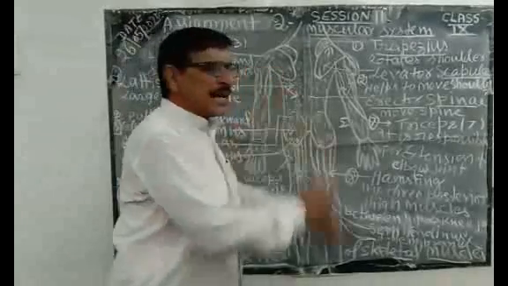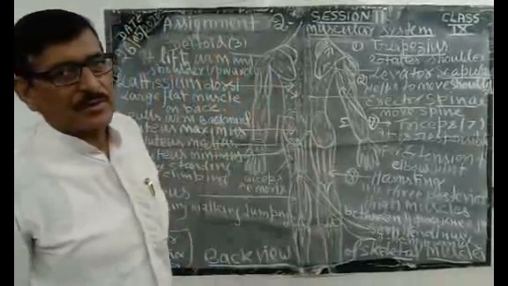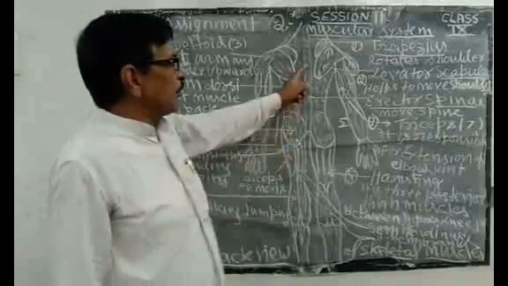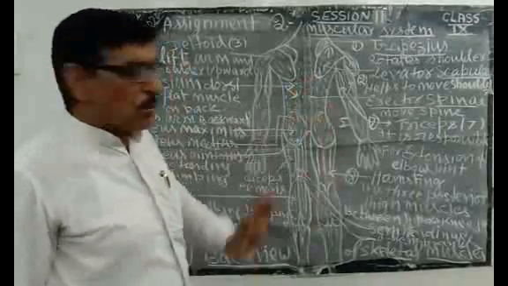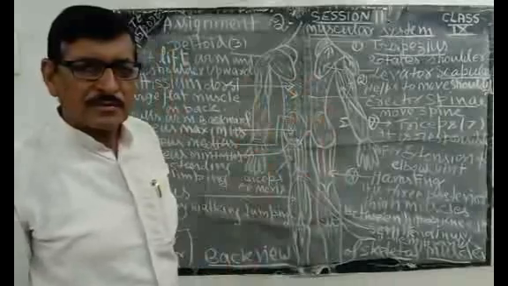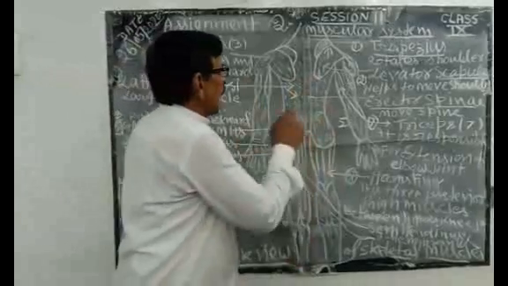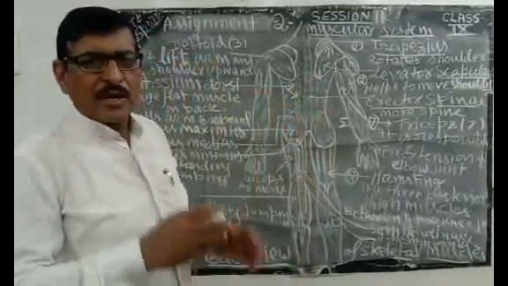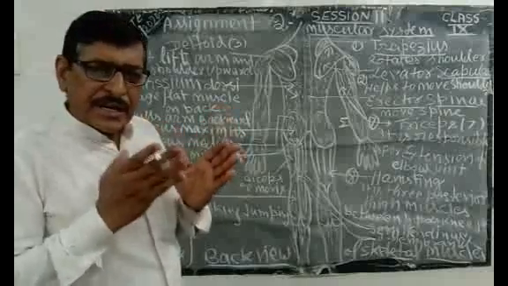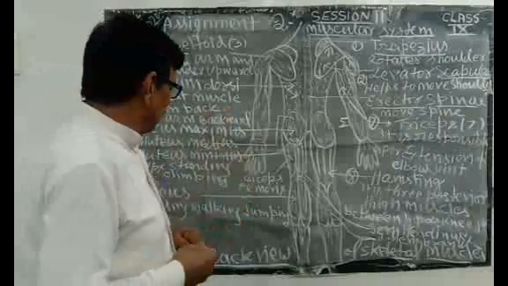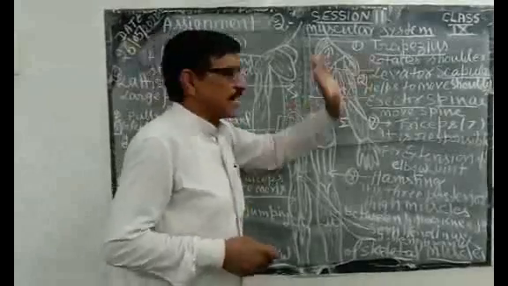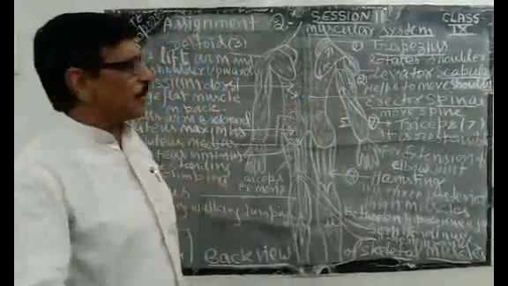superior direction, and when the scapula moves down, it refers to the movement in inferior direction. So it has two types of direction.